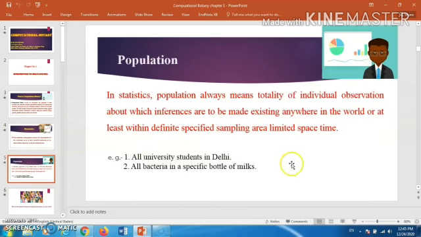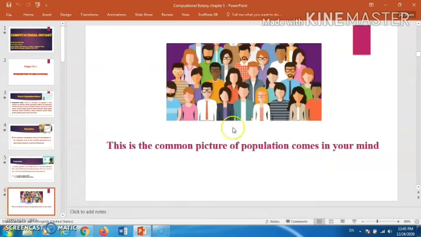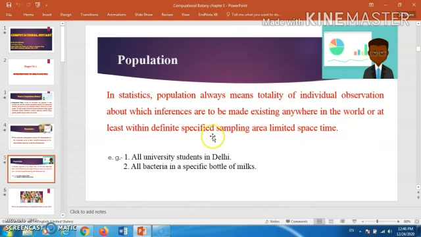Okay, let us go towards the term population. Whenever you hear the term population, certainly one thing comes to your mind: population means a crowd of men and women, population means census, population means lok sankhya. But it's not like that in statistics.